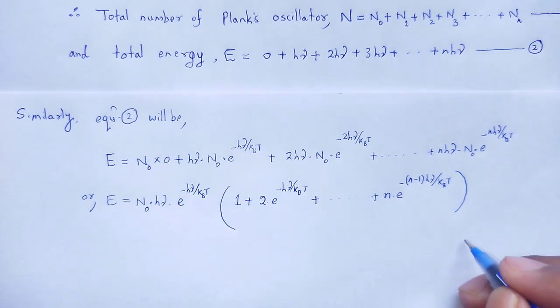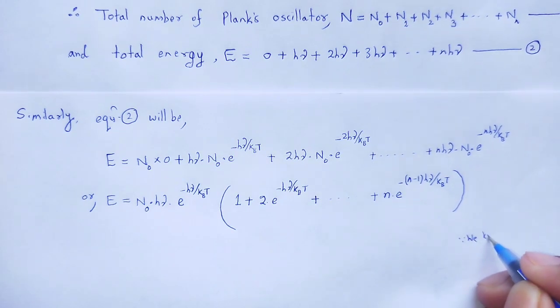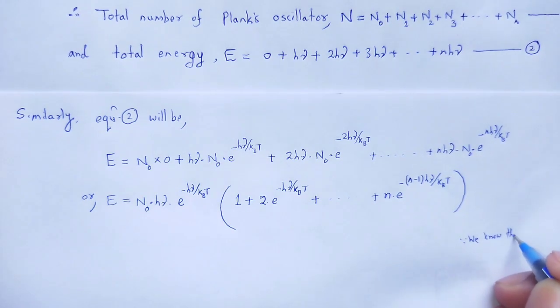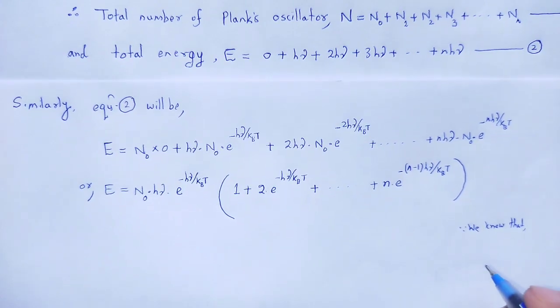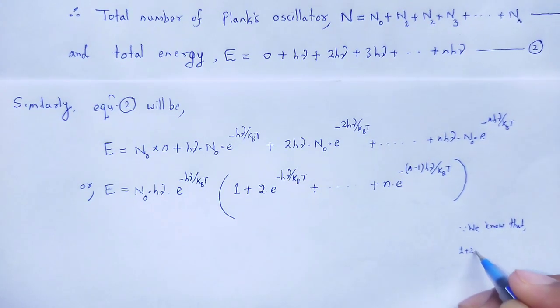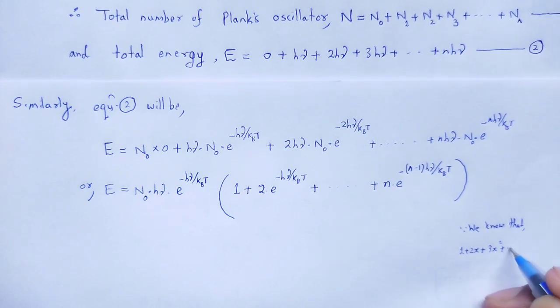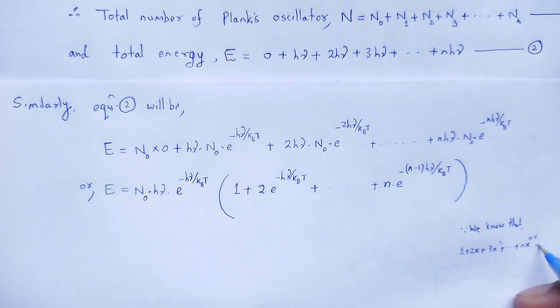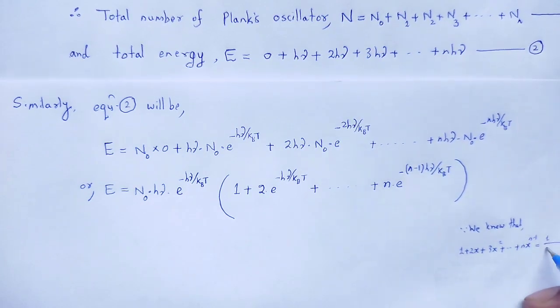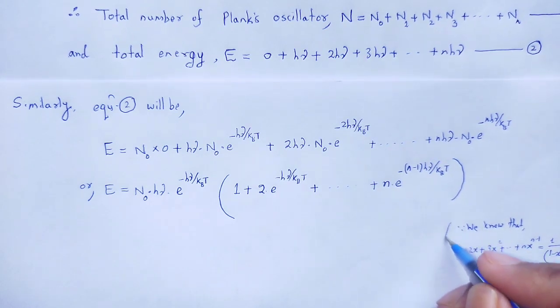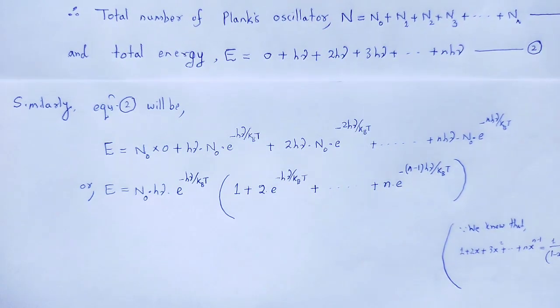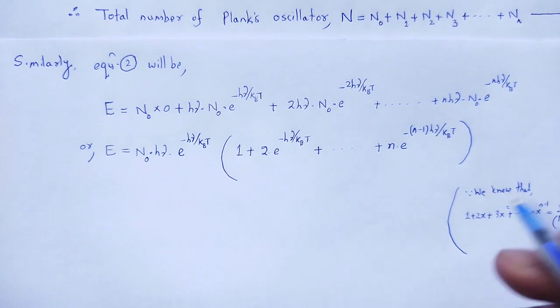As we know that the series expansion 1 plus 2x plus 3x square up to n x to the power n minus 1 is equal to 1 divided by 1 minus x whole square. That formula is used here.